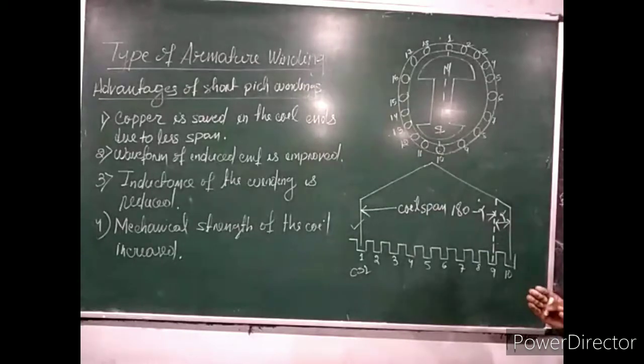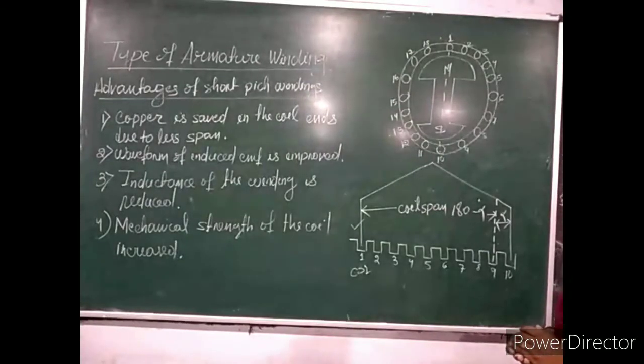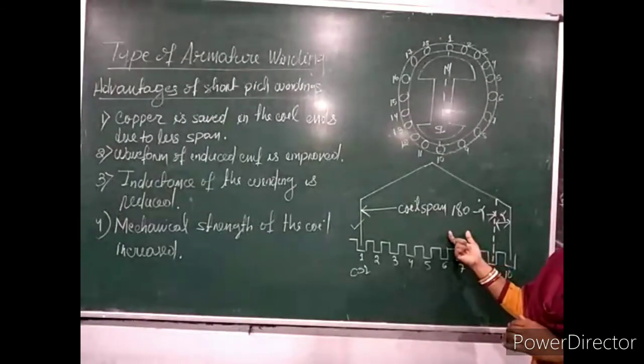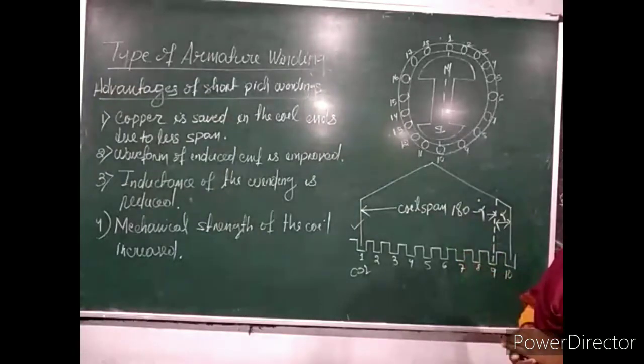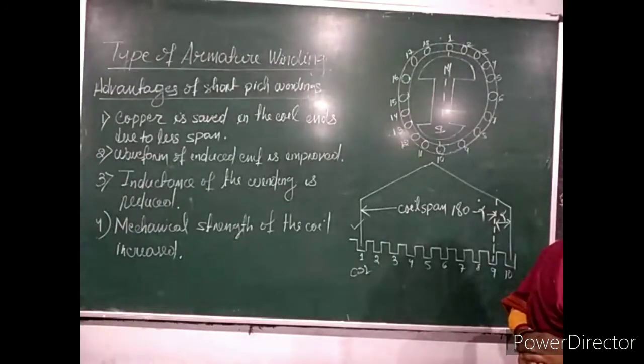So you get the conclusion that the vector sum is less than the algebraic sum. It means EMF induced in short pitch coil is less than EMF induced in full pitch coil. So what are the advantages of making the winding short pitched?